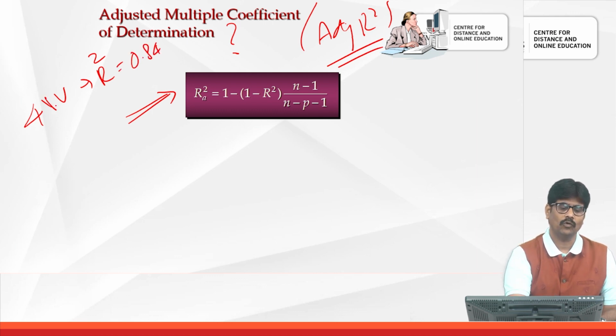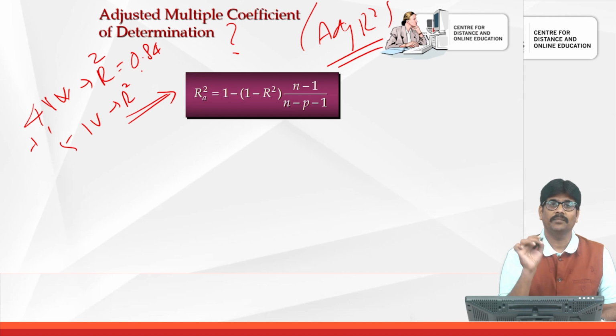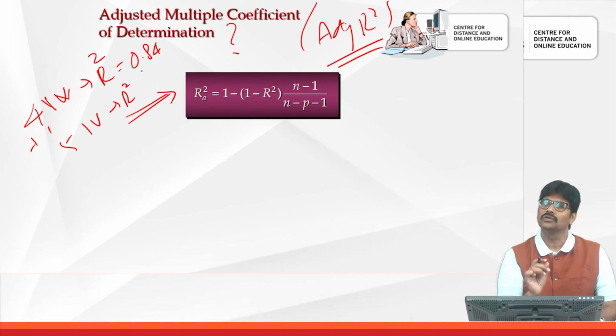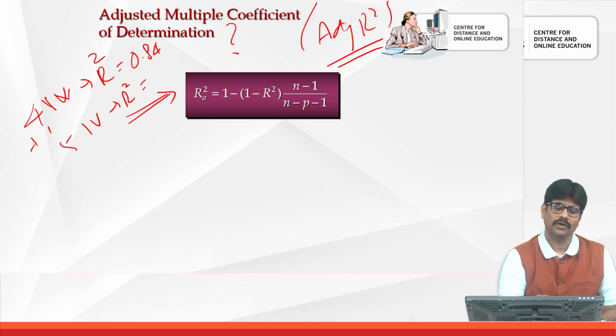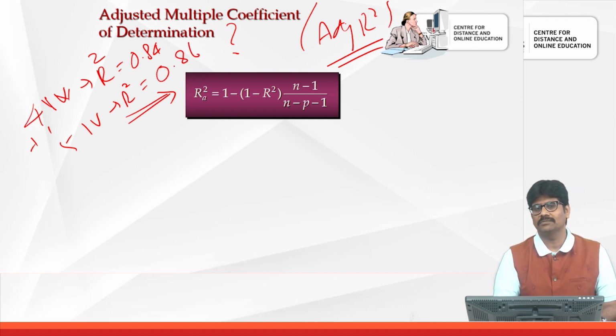If I add one more independent variable, so 5 independent variables, the variable you are adding contributes some explanation of the dependent variable, and hence the R square will eventually increase, right. So, 86. Sometimes people play this trick of increasing the R square because higher R square means better explanation, and hence they keep on adding independent variables even though they may not be significant, right.